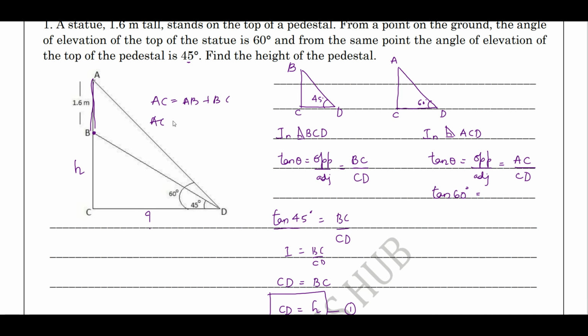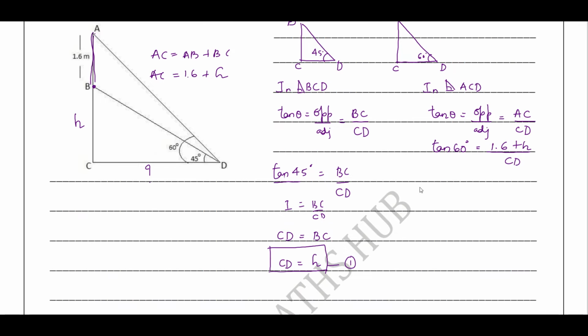AB is 1.6, BC is H. Now AC is 1.6 plus H. CD will be written as it is, since it is unknown. Tan 60 is root 3, which is equal to 1.6 plus H by CD. Now cross multiply. CD into root 3 is root 3 CD equals 1.6 plus H.